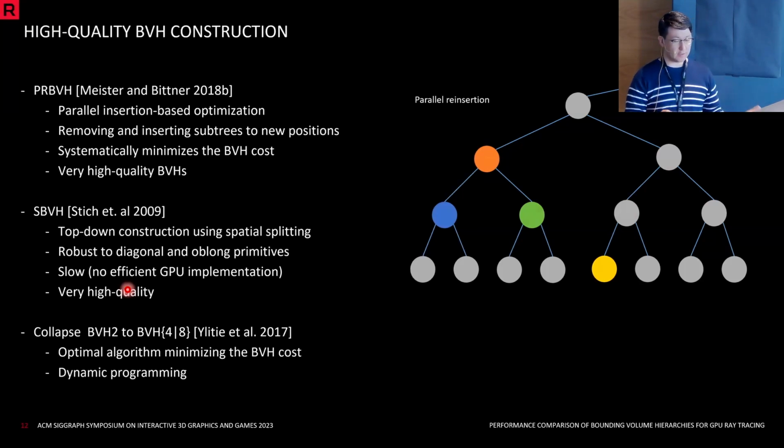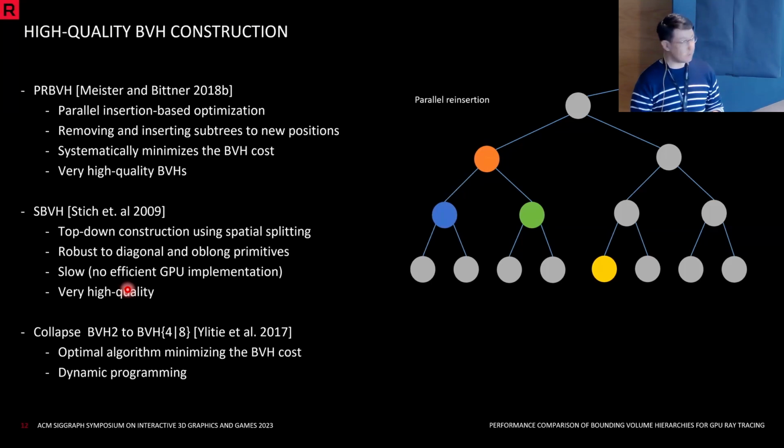This is again an optimization algorithm like ATRBVH, but in this case, we identify a subtree which causes a cost overhead, remove it and place it into a new position, decreasing the global cost. These updates are more global than ATRBVH, but of course this limits parallelism, so it's slower. But the quality is pretty good.